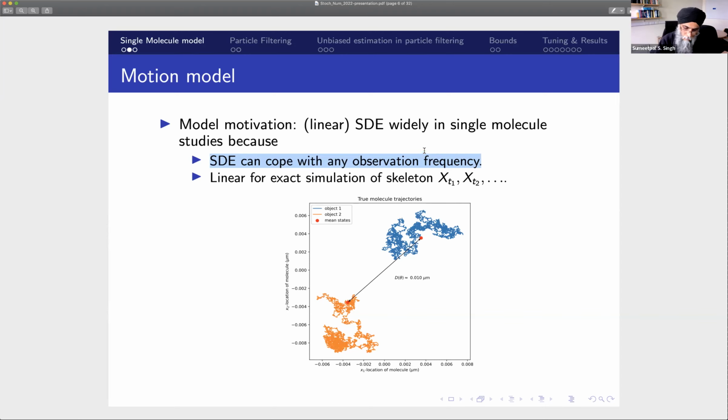And so they need a model that naturally interpolates between all the extremes. That's why a continuous time model is appropriate. Now linear, because we want to be able to exactly simulate the skeleton. And like I said, very rarely do they assume a model which is nonlinear unless they have strong reason to believe it follows a more exotic motion.